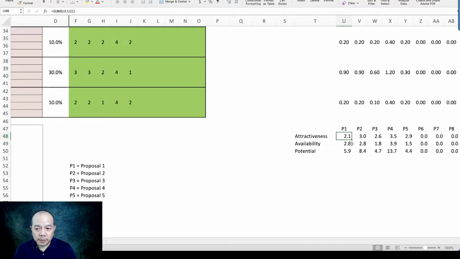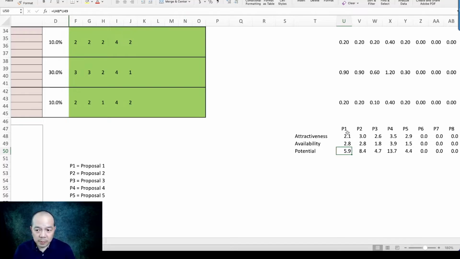And then project number 2 does the same thing, so on and so forth. Now I've got a total score of attractiveness for P1, total number of availability for P2. I sum up all of these together, and then I multiply these two numbers to get a 5.9. That gives me a potential index.